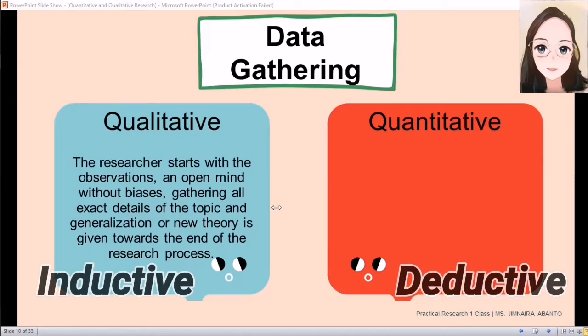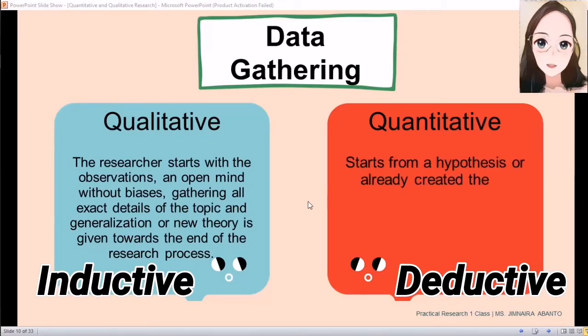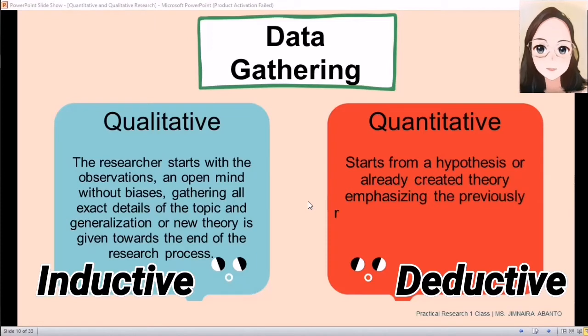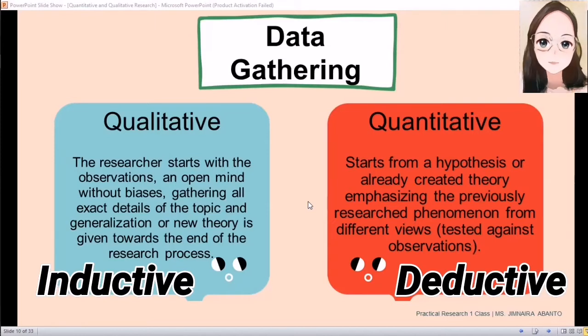So the researcher starts from scratch, a completely open mind without any preconceived ideas of what will be found. In quantitative research, it starts from a hypothesis or already created theory, emphasizing the previously researched phenomenon from different views or tested against observation. So it is deductive as it starts from an already constructed theory or principle.